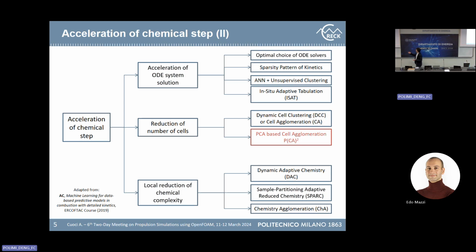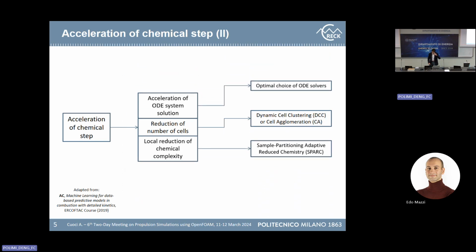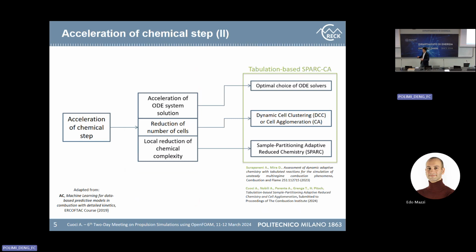Now, in this talk, I would like to introduce this technique, which is called PCA squared, and which is based on the idea of combining principal component analysis and cell agglomeration. Then I will introduce an additional technique which tries to combine the advantages of both cell agglomeration and dynamic adaptive chemistry.